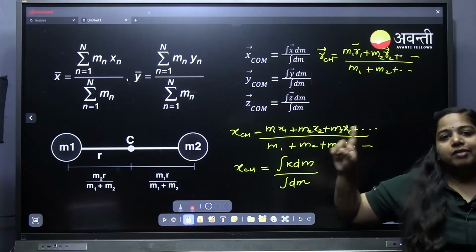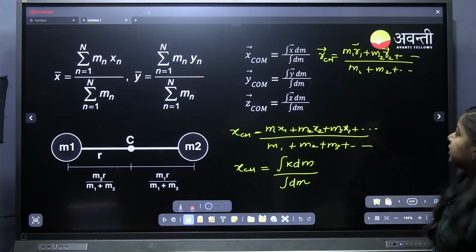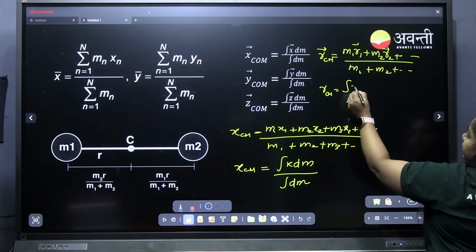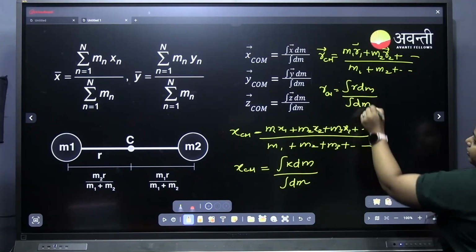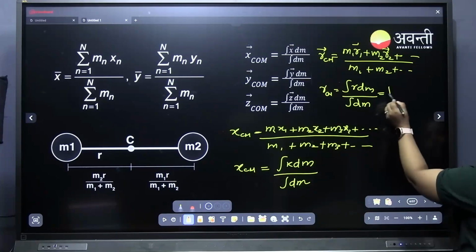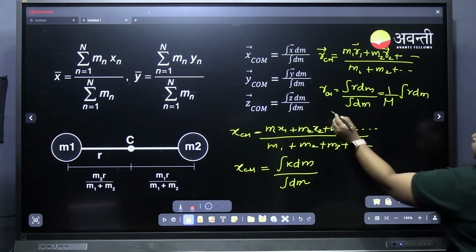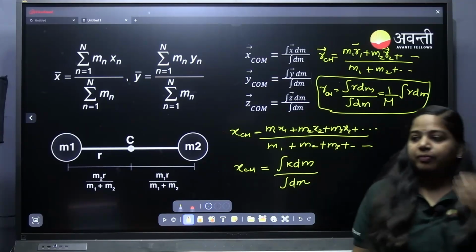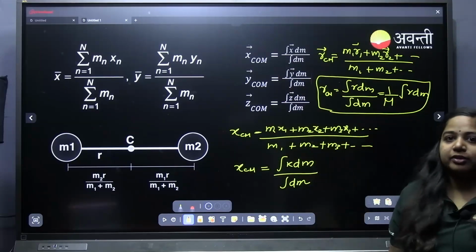So we have only one formula, we are modifying it according to our need. For the integration form, RCM equal to integral r dm divided by integral dm. Integral dm is nothing but total mass. So this can be written as 1 by total mass of the object times integral r dm. So this is also a formula we can use. Is there any doubt in this, integration and summation?